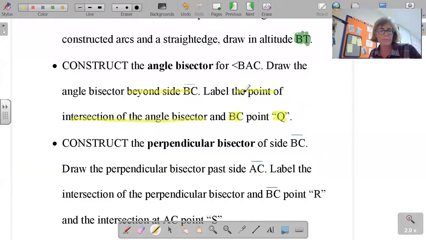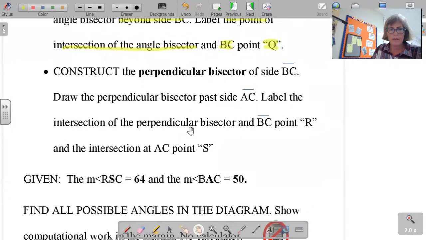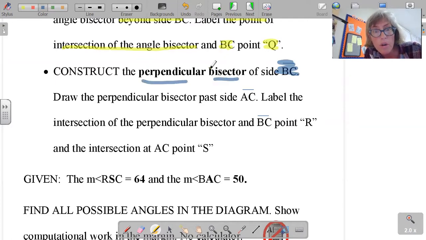Last, it says construct the perpendicular bisector of side BC. Perpendicular, it's going to make a right angle. Bisector, it's going to go through the midpoint. Draw the perpendicular bisector past AC.